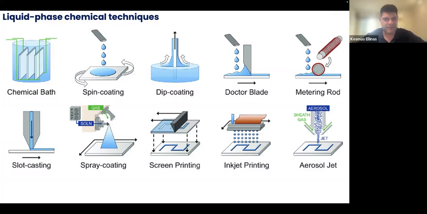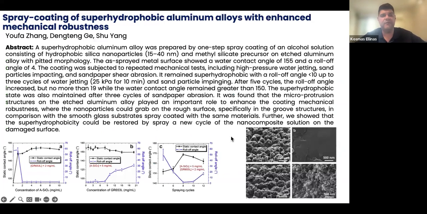I have some examples here. For example, we have here, they just created a super hydrophobic aluminum alloy by spray coating an alcohol solution containing some silica nanoparticles. So they just, like you're painting a wall, they used a spray coating machine with some nanoparticles inside an alcohol solution.